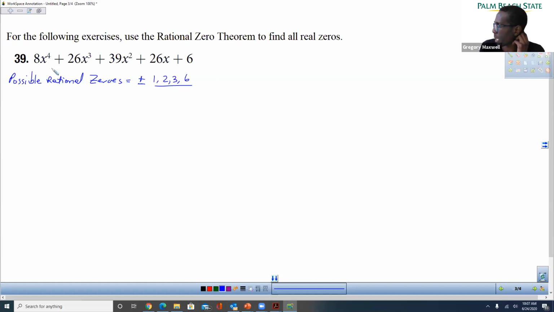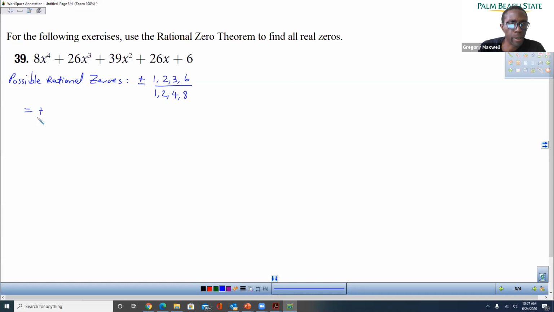What are the factors of 8? 1, 2, 4, 8. So that means our possible rational zeros are 1 over 1, 1 over 2, 1 over 4, 1 over 8.